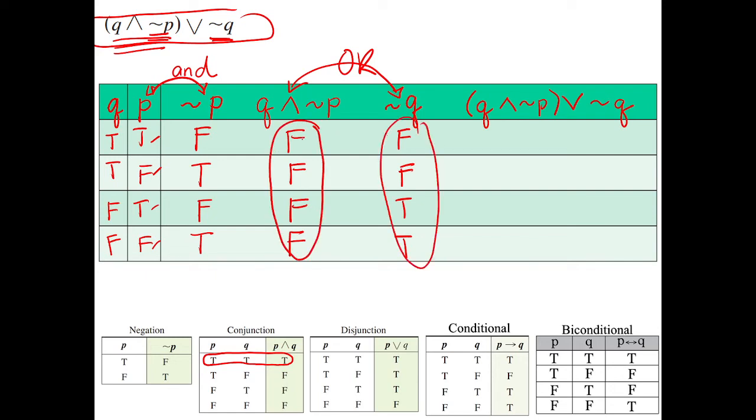So what is false or false? False. False or false? False gihapon, sir. What about false or true? True. Sa or, kung naay usa ka true, automatically that's true. Mao ni truth value ani nga statement.